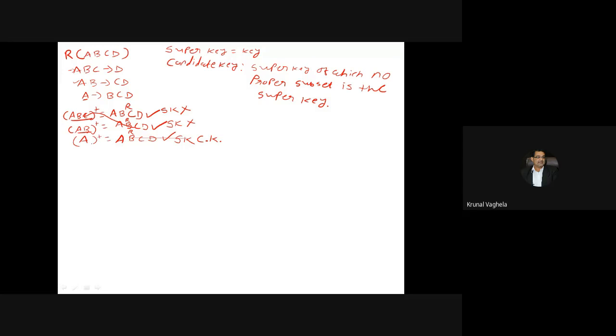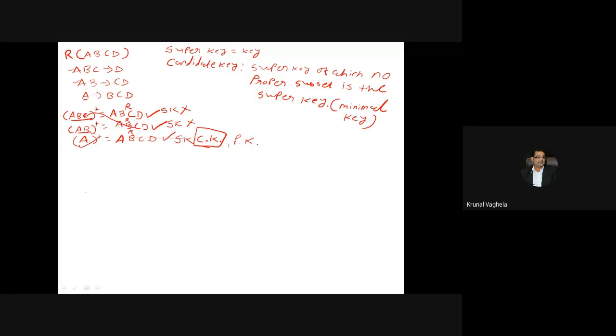So the only candidate key is A. Candidate key is nothing but a minimal super key. And the primary key is the key which is chosen by the database administrator. So here there is only one option. So A is the super key, candidate key, and primary key.